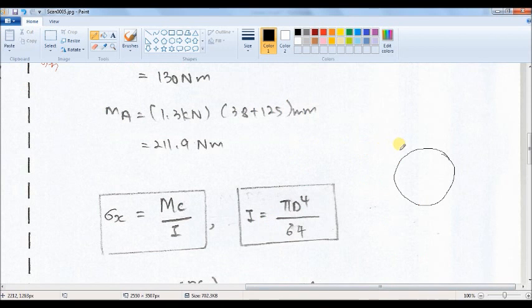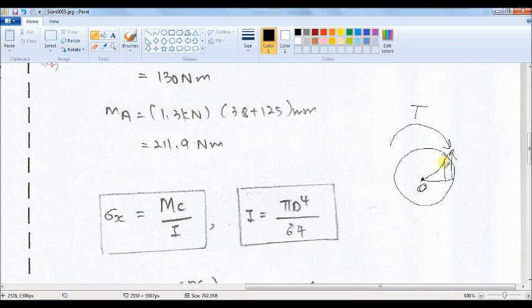Okay, so due to this clockwise torque, we will have torsional shear stress, and as you know, torsional shear stress is always 0 at the center of the cross section and reaches the maximum value at the outer surface.